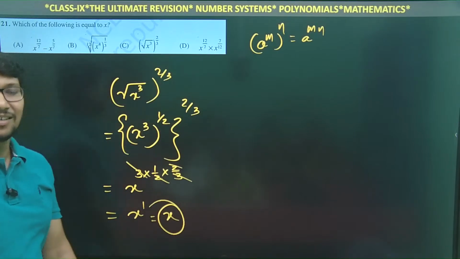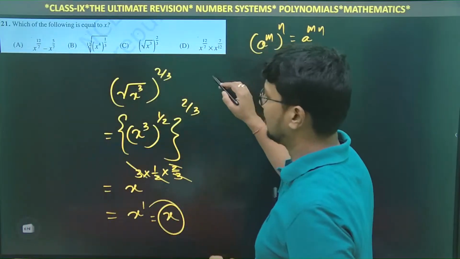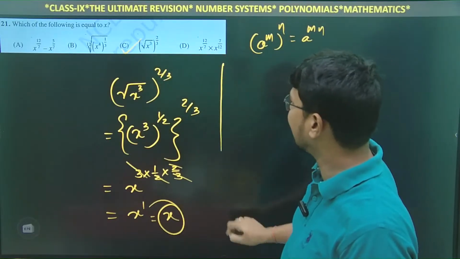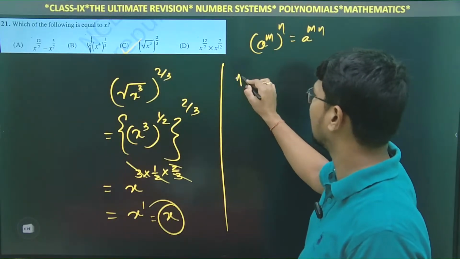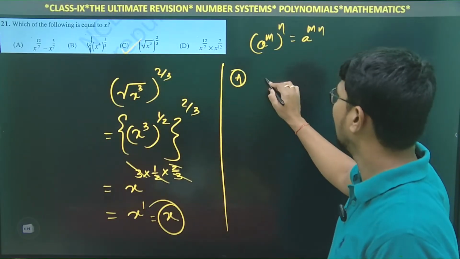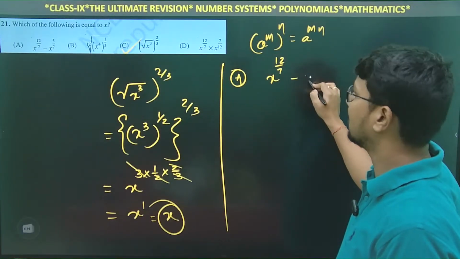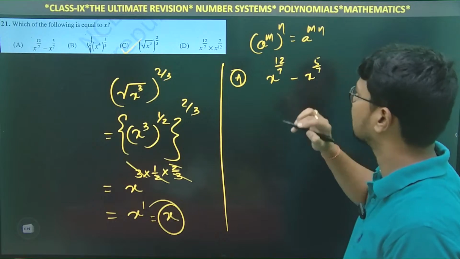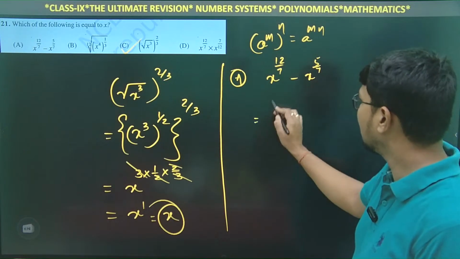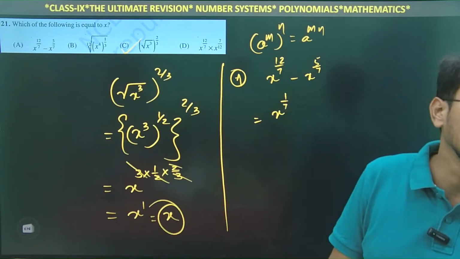So similarly, you can check all options, but now your option C is correct. Okay, let us check option A. Option A, why it is not correct? Option A is given x to the power 12 by 7 minus x to the power 5 by 7. Here x to the power 1 by 7 is common.